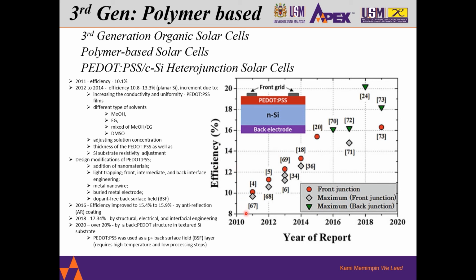During the emergence of the PEDOT:PSS heterojunction solar cell in 2011, the efficiency of the cells was 10.1%.